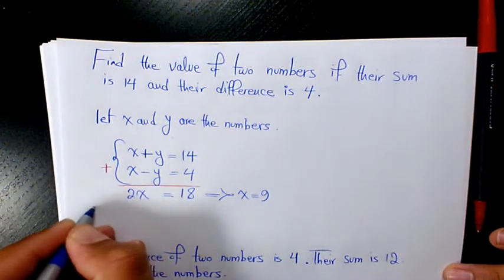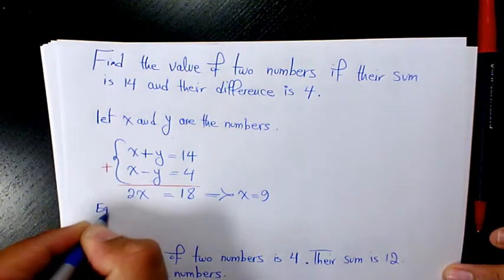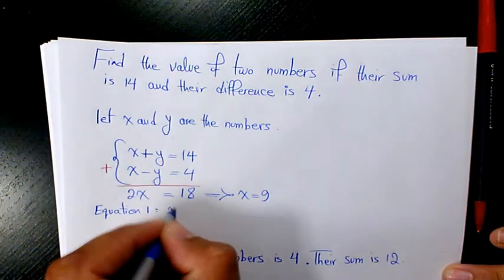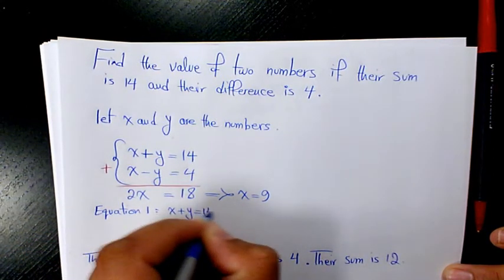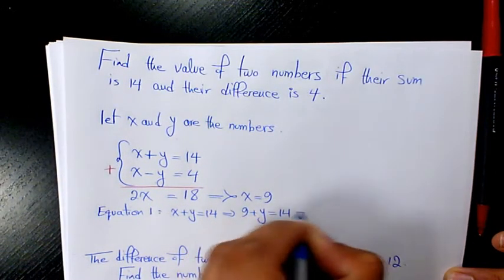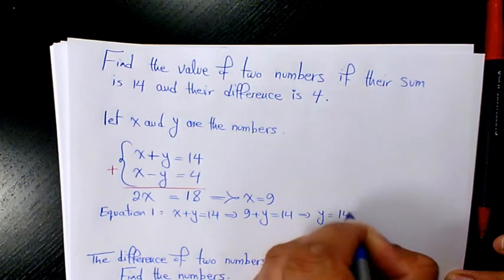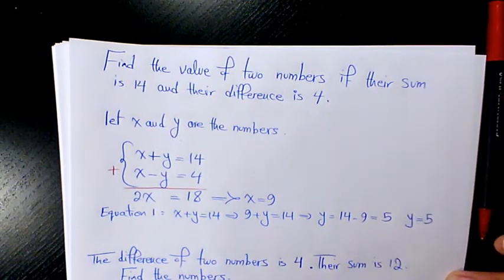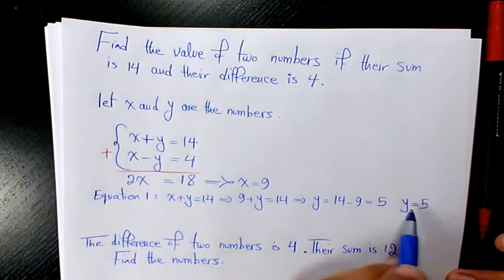From equation 1, x plus y is 14, therefore 9 plus y is 14. So y is 14 minus 9, which is 5. So x is 9, y is 5.